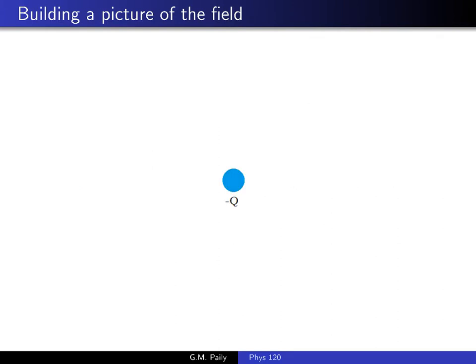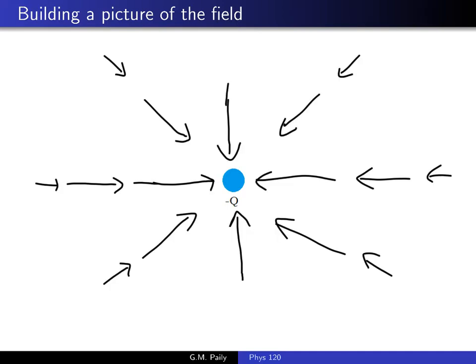Similarly, for a negative charge, we find that the field vectors point inward towards the negative charge. The electric field for a negative charge looks something like this. In this case, the field vectors point directly towards the negative charge, but once again we notice that they get stronger closer to the charge and weaker as we move further away.